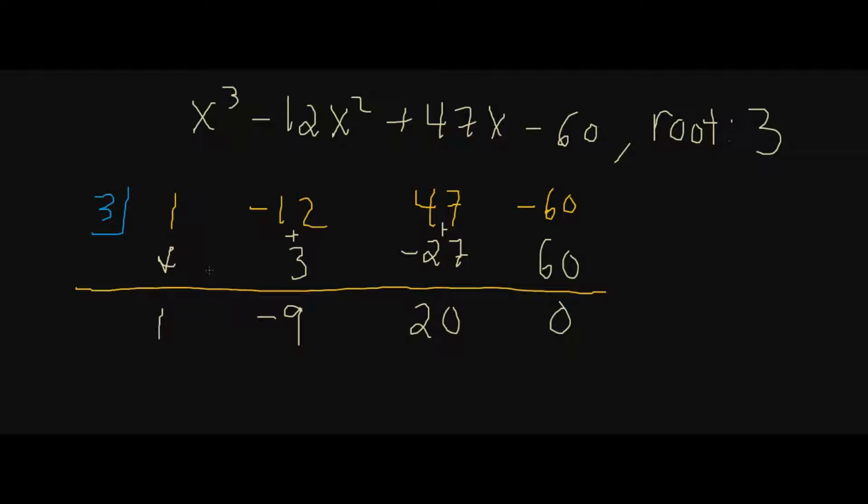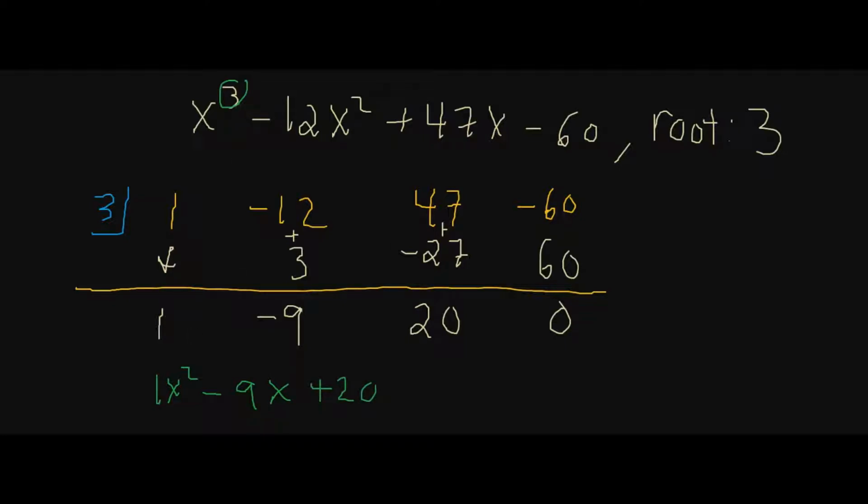All right, well, now when we go to write the equation for this, well, this was x to the third power. So when we do synthetic, this 1 is going to be the number that's in front of x to the second power. It's going to be 1 less, right? X to the third, this is going to give us over here 1x squared minus 9x and then plus 20.